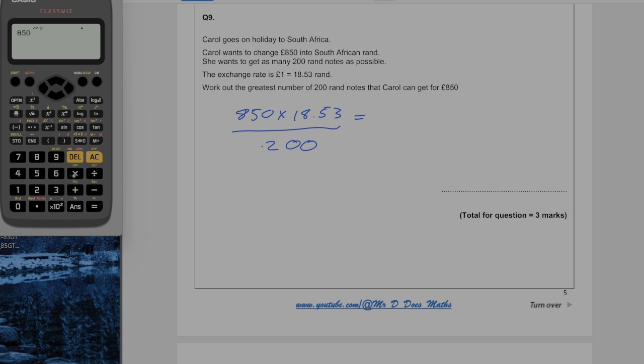So 850 times 18.53 divided by 200 gives us 78.7525, so we can get 78 of the 200 Rand notes.